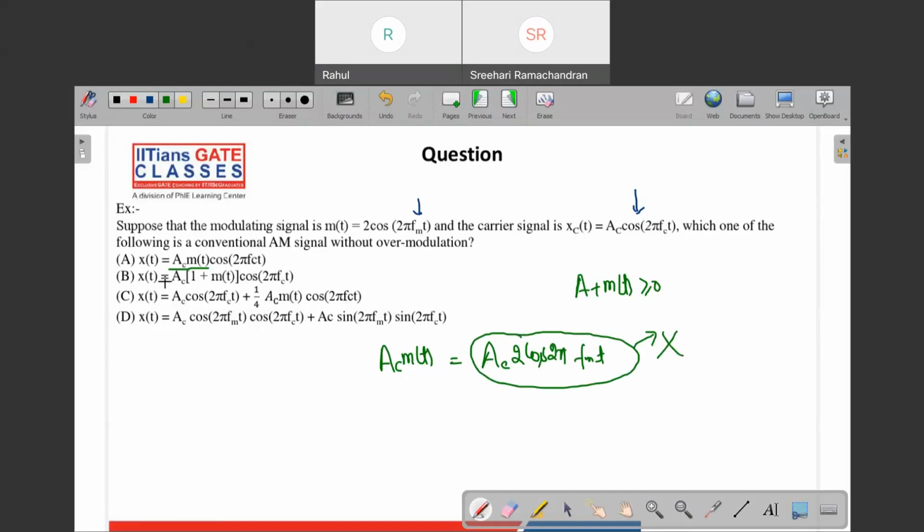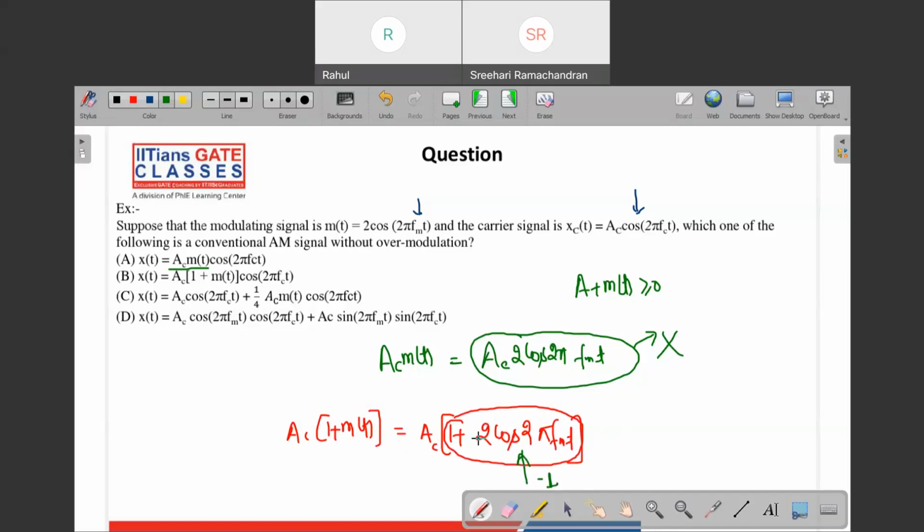Let's take the second case. It has the envelope equal to Ac into 1 plus m(t). So in this case it is Ac times 1 plus 2 cos 2 pi fm t. Again, this term 1 plus 2 cos 2 pi fm t is going to be a negative value for some time, and sometimes it will be positive, because this cos has a minimum value of -1.